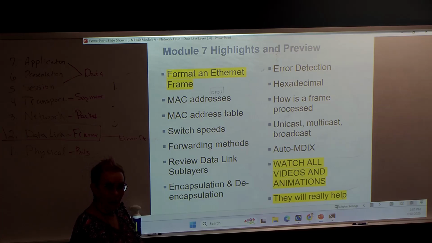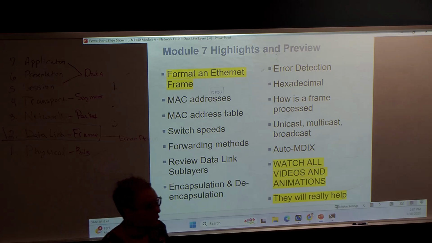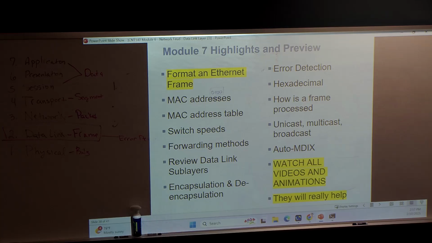Module 1, I believe, went over unicast, and then Module 3 went over unicast, multicast, and broadcast. Yeah. Unicast, everybody, what's unicast? What's a unicast message? One device. Me and Ty are talking, unicast. Okay, what's multicast?